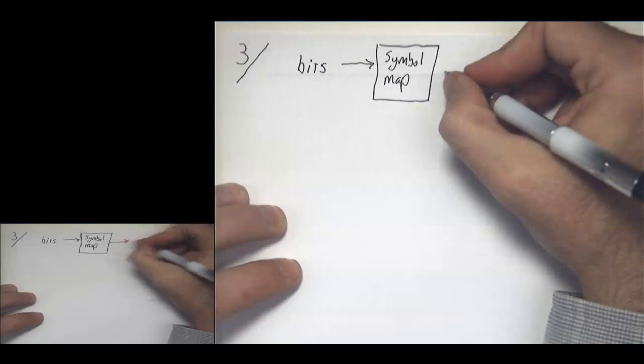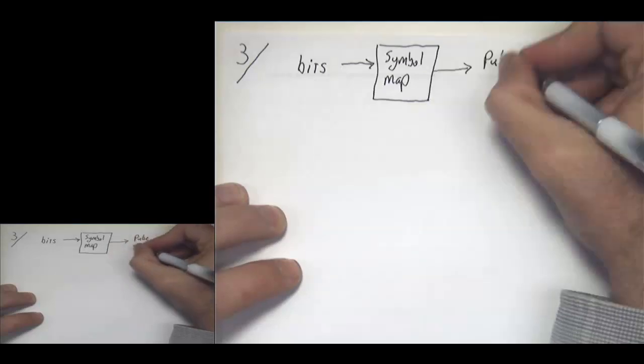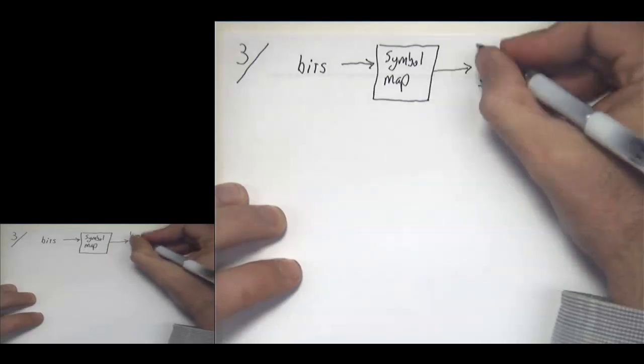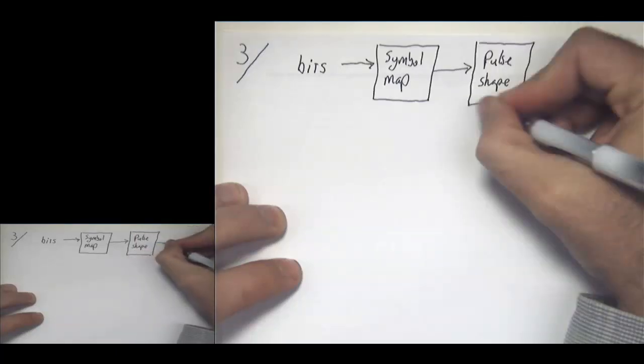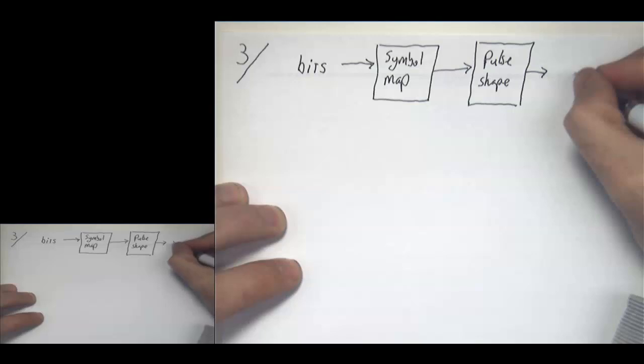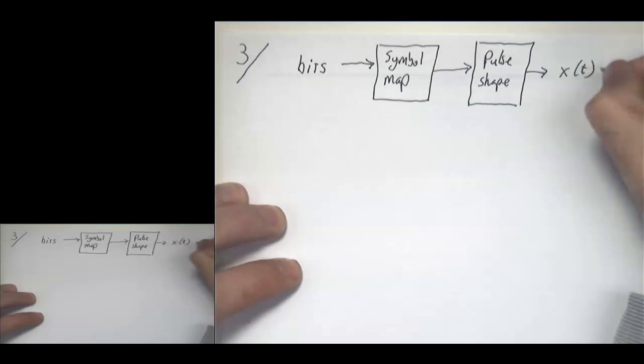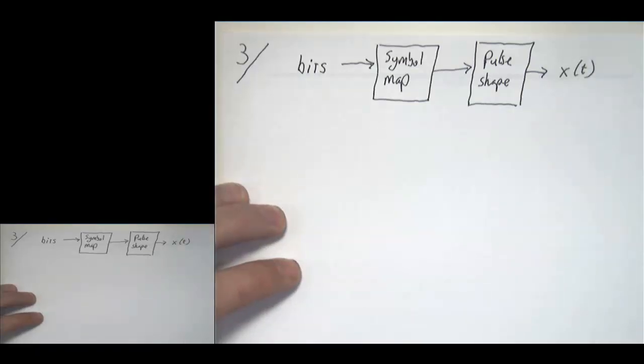Then the output of this is going to go into a block that I call pulse shape. And the output of this is going to be a continuous time signal that I'll call x of t.